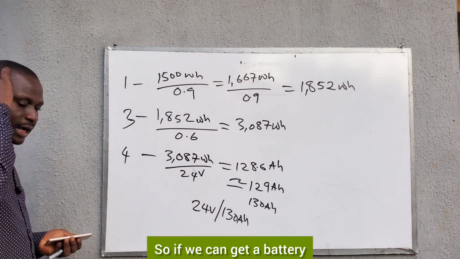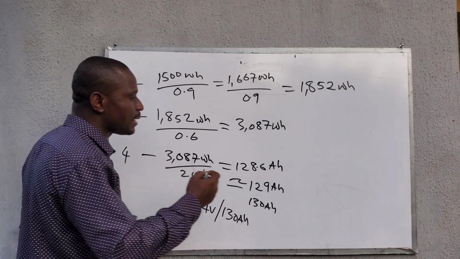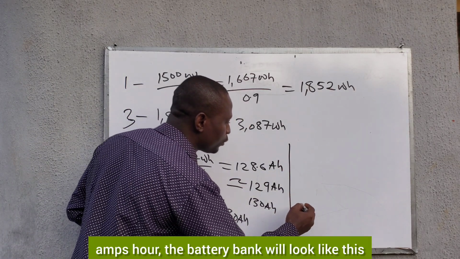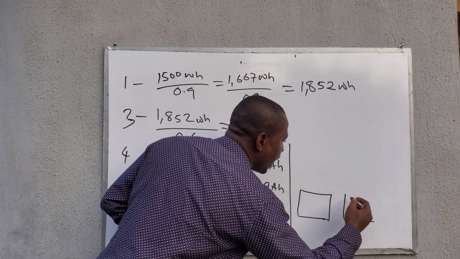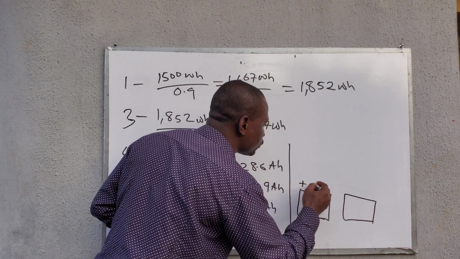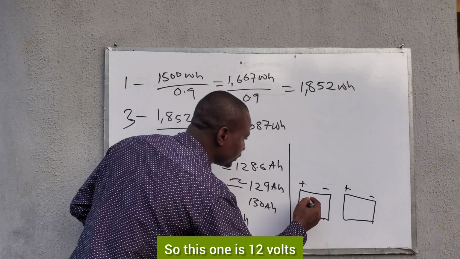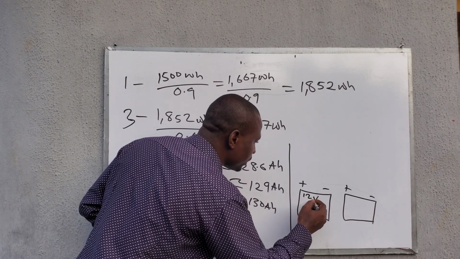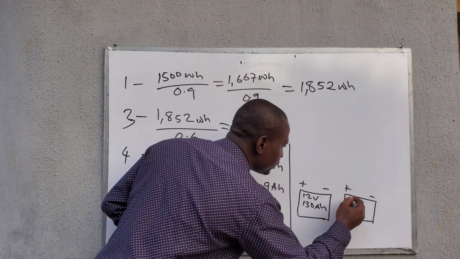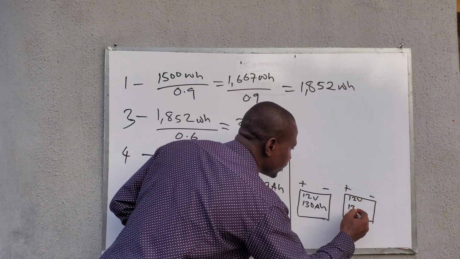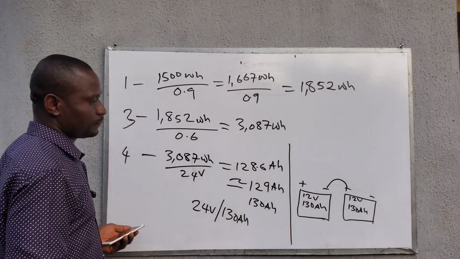So if we can get a battery that is rated 130 amps hour, the battery bank will look like this. We'll have two batteries because it's a 24 volt system, and we want to use 12 volt batteries. So this is positive, negative. This one is 12 volts, 130 amps hour, and this is 12 volts, 130 amps hour. So we connect in series.